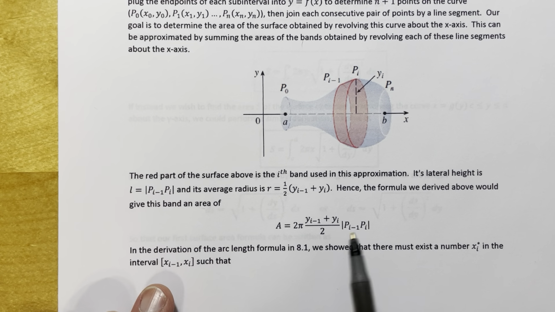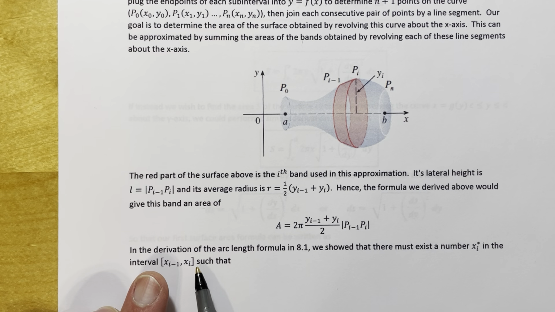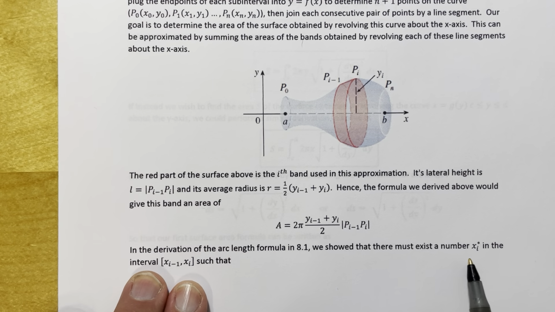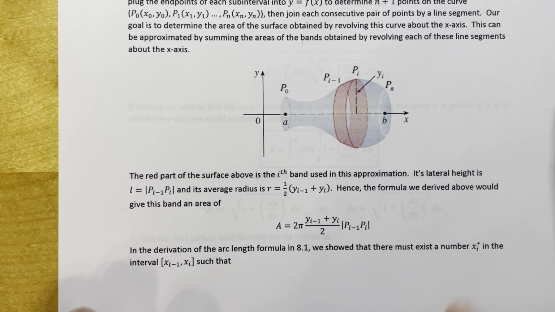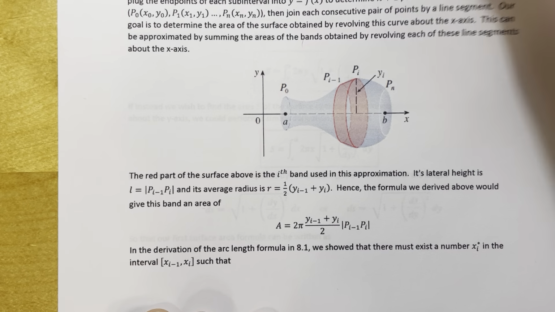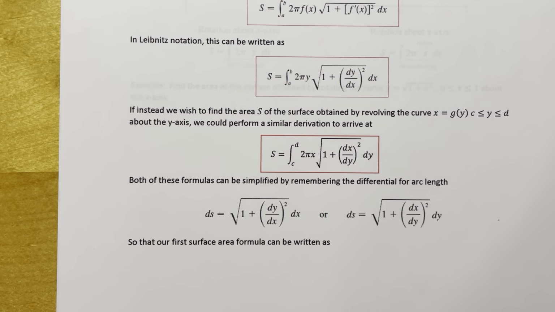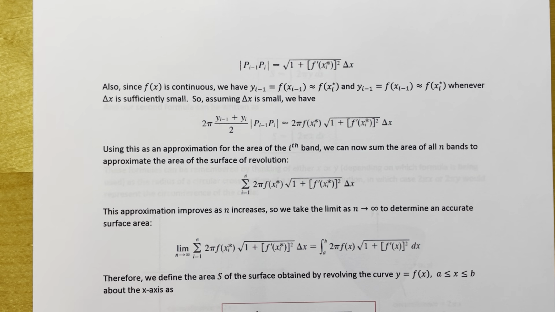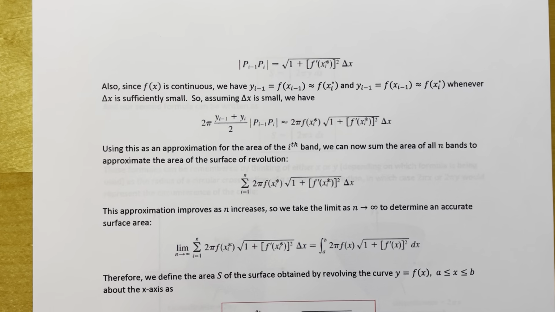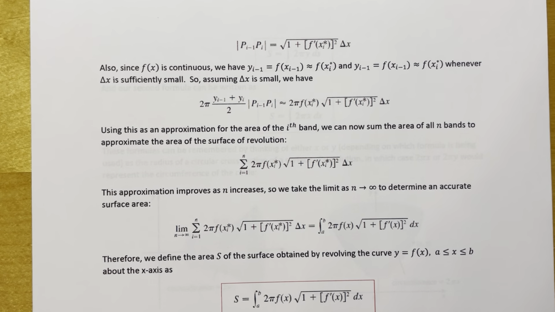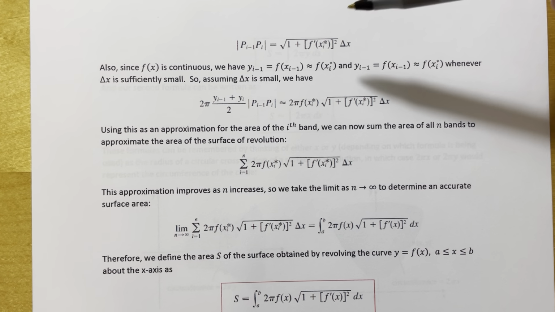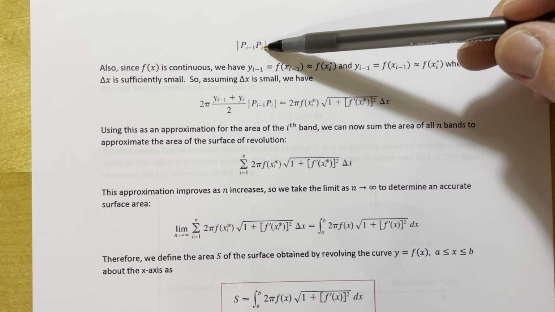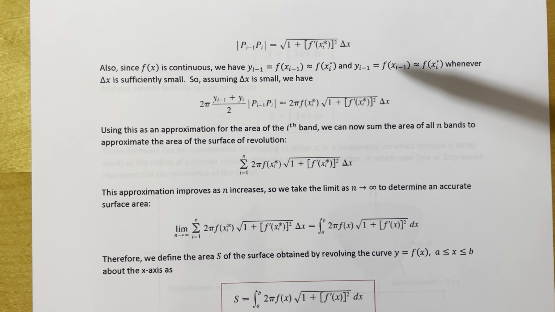We showed that this line segment, which remember is going to lie above this subinterval on our x-axis, we can find some number xi star in that subinterval, which when we apply the mean value theorem, ends up giving this as the length of that line segment. So this didn't just come out of nowhere. I'm borrowing the work that we did already in 8.1 when we derived our arc length formula. So that is something I can use in this formula that showed up on the previous page.